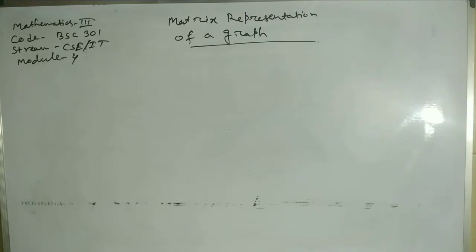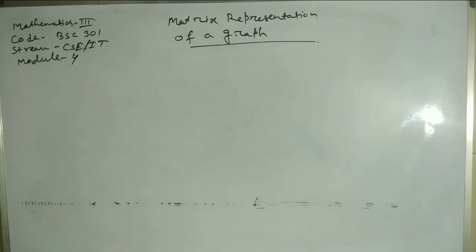I told you in the previous video, when I discussed the incidence matrix of a graph, that to represent a graph, drawing the graph is not the only way, you can also represent a graph by a matrix.